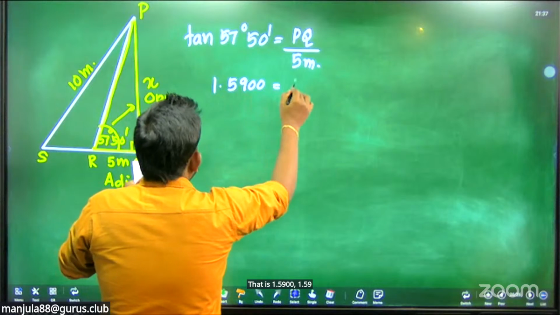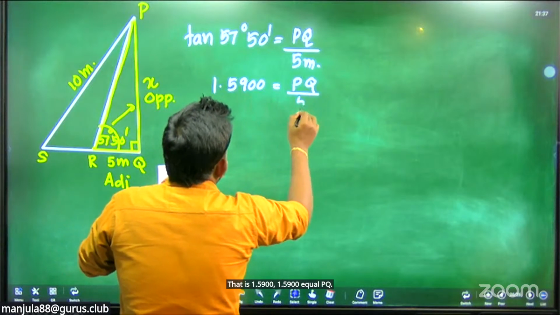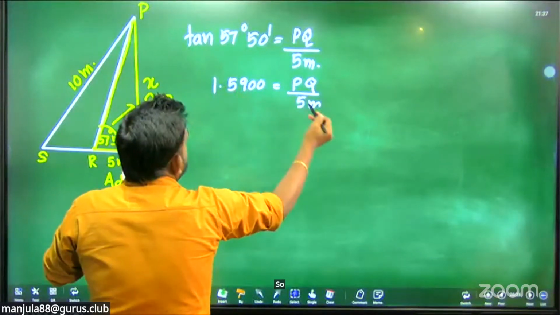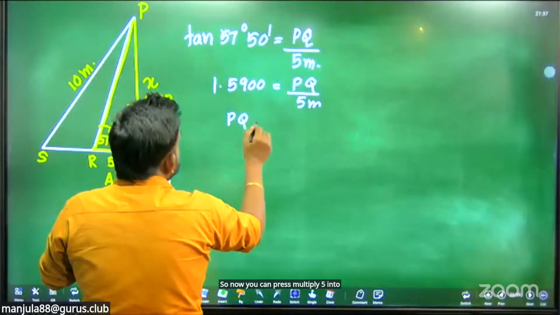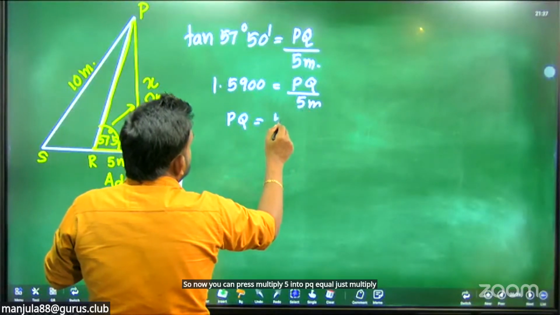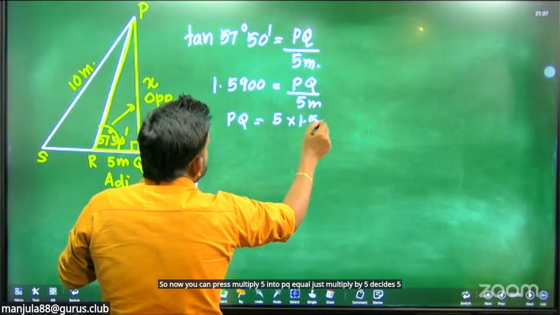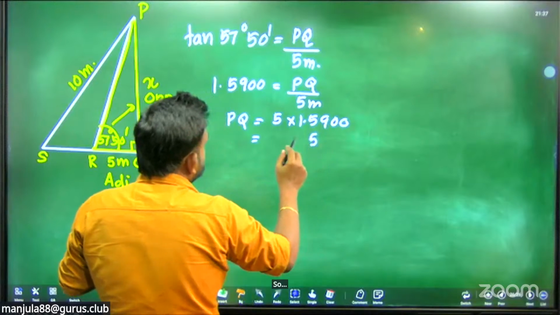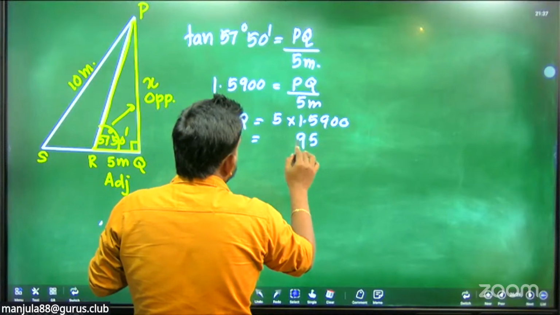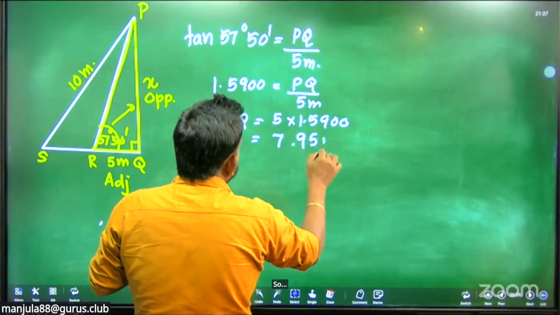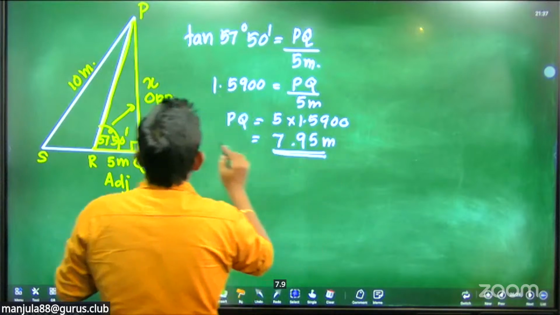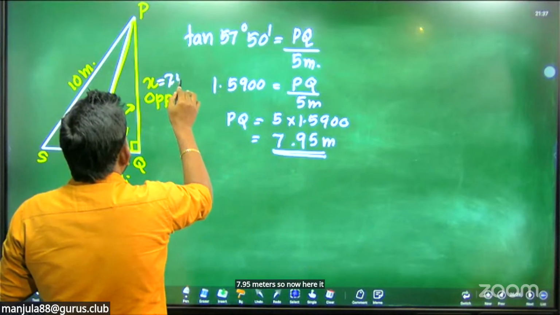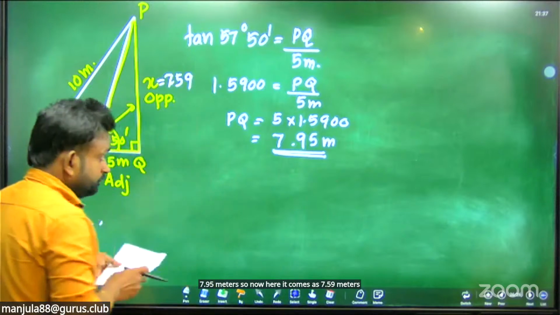So 1.5900 equals PQ upon 5. Now you can cross multiply: 5 into PQ equals 5 into 1.5900. So it comes as 7.95 meters. Okay.